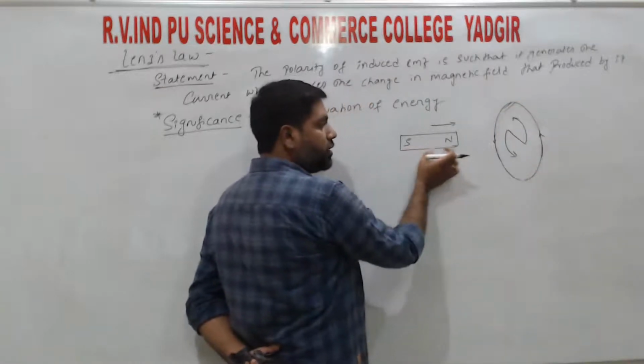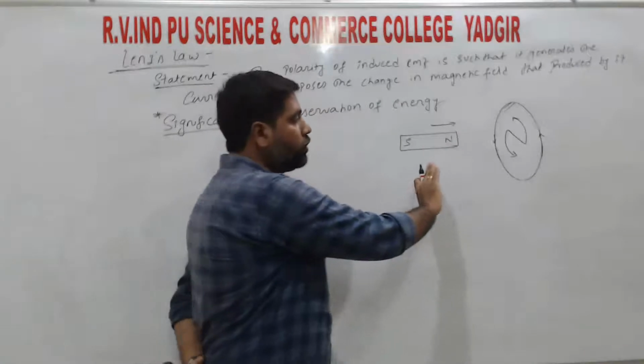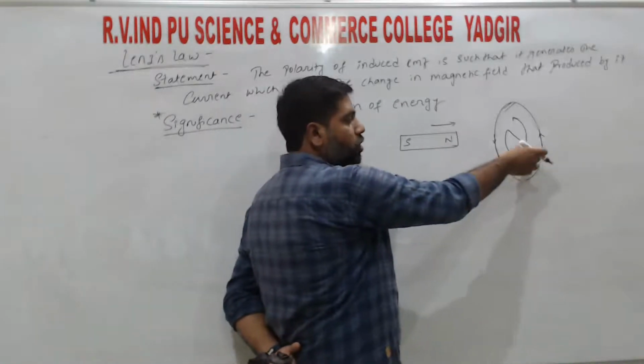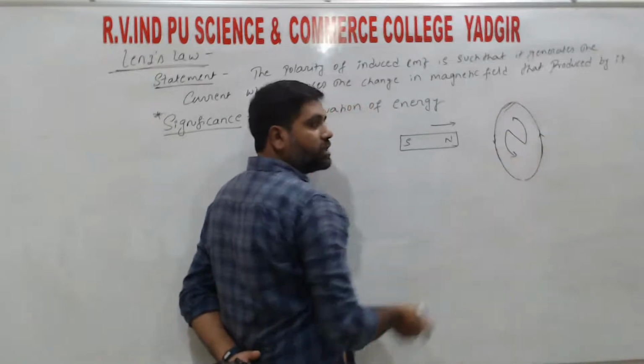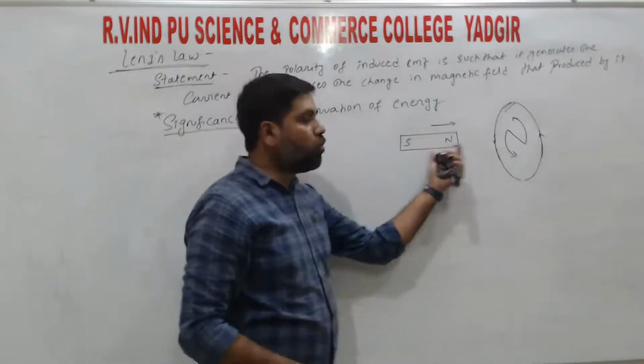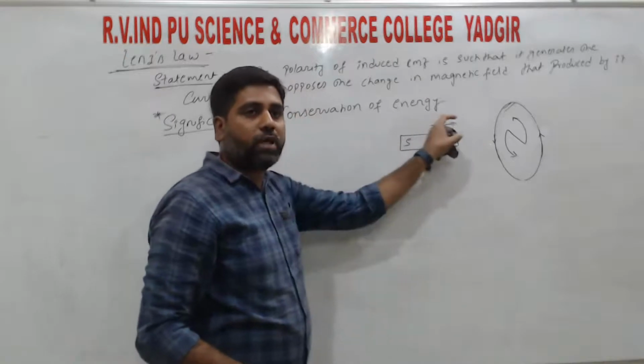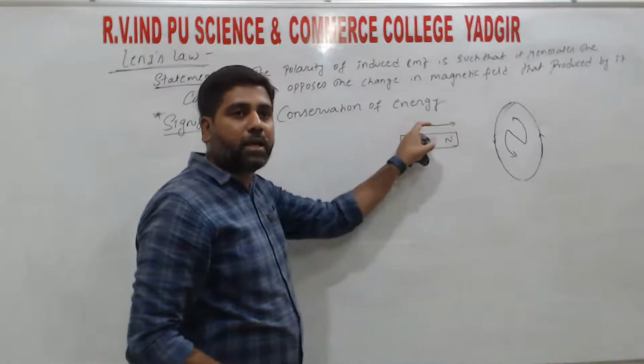So when the north pole of the magnet is moving towards the coil, the coil induces a current which is flowing in an anti-clockwise direction, right? Now we are moving the magnet, that is, mechanically we are moving the magnet, right? So that means mechanical energy, right?